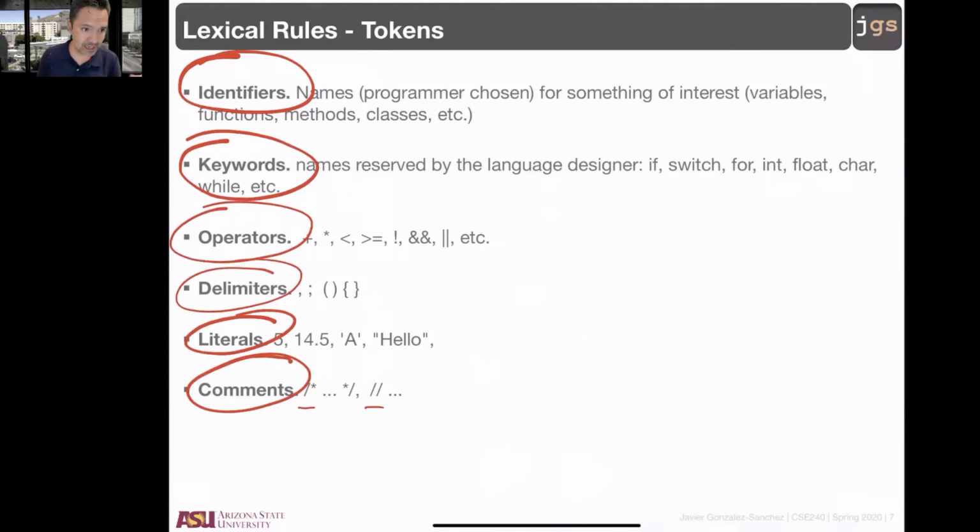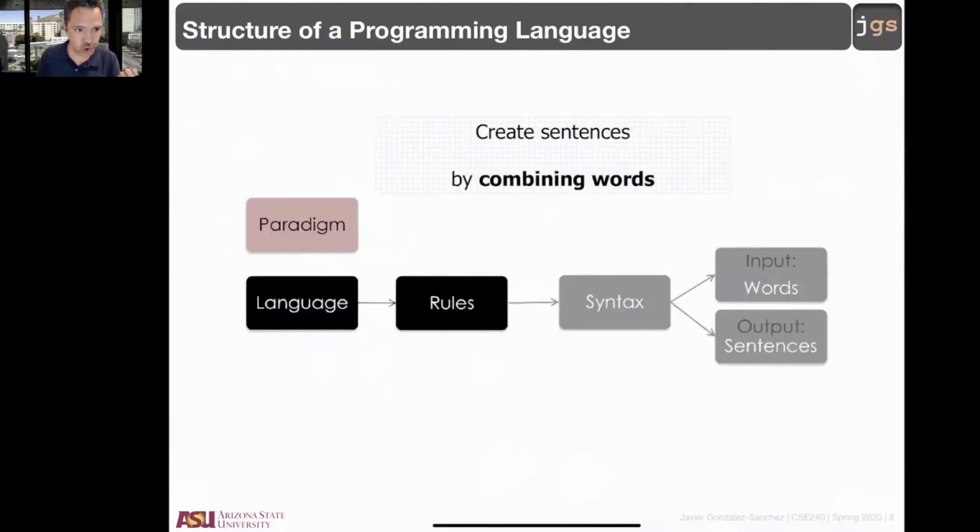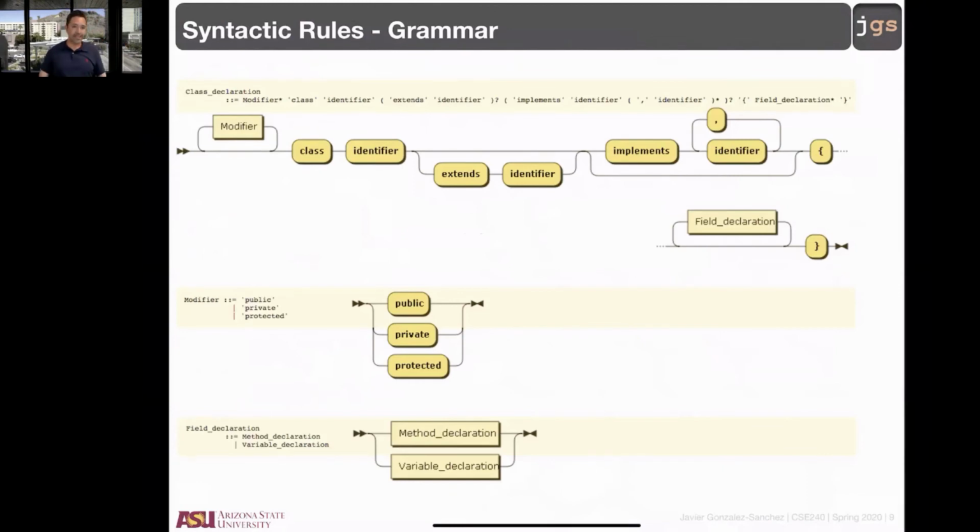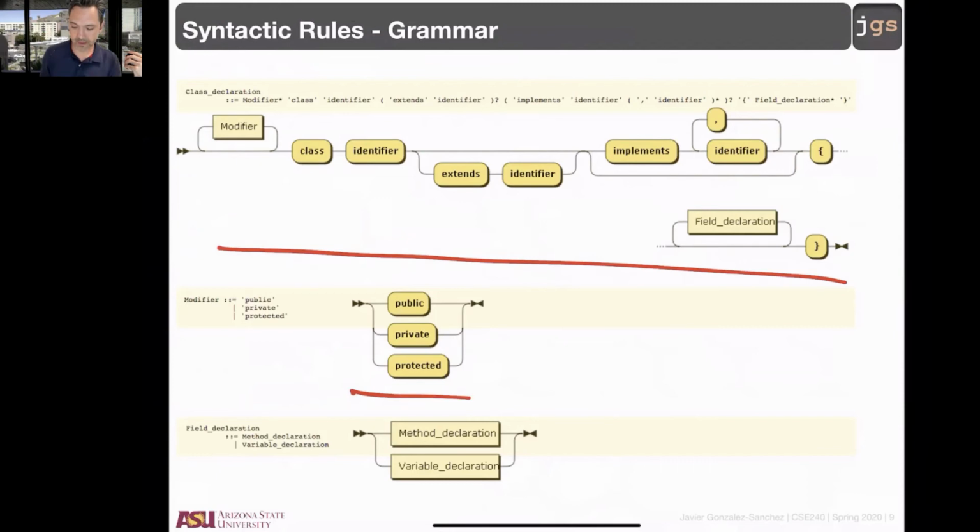And that is the lexical part, the structure of the program, the words, the rule to combine the words. Well, in any language, if you go online, something that you can find is the grammar for the language. For instance, these diagrams represent the grammar in Java. Something that you mentioned to me, how to create a class in Java. Well, you can have a modifier or nothing, public, private, protected.